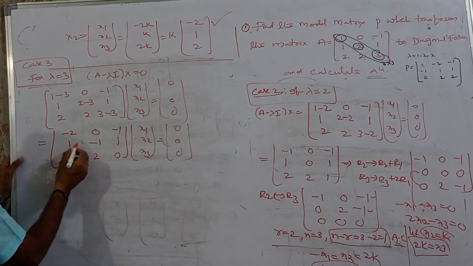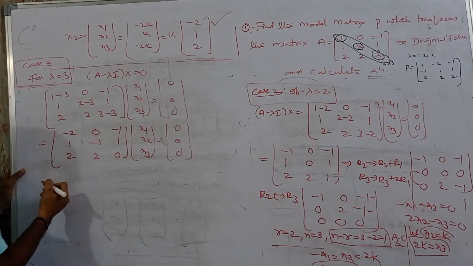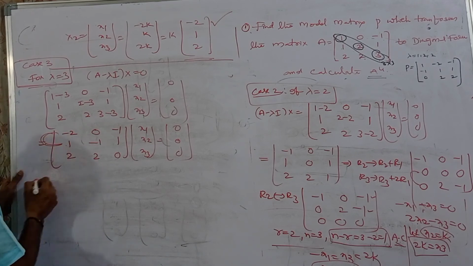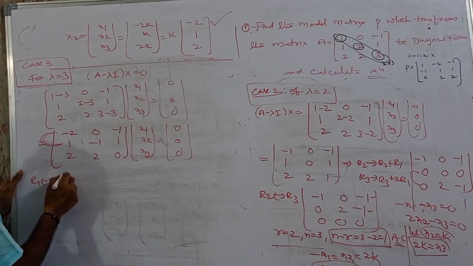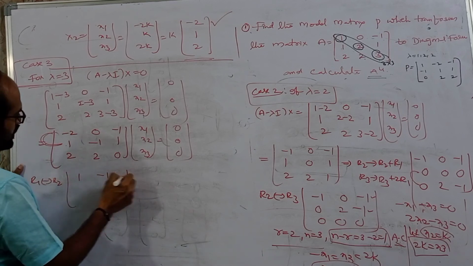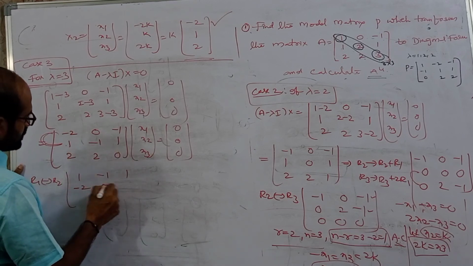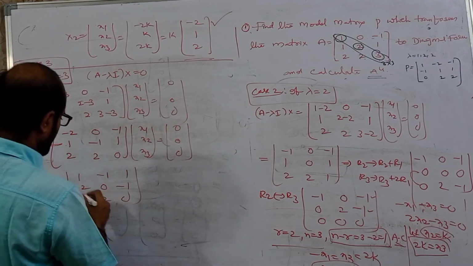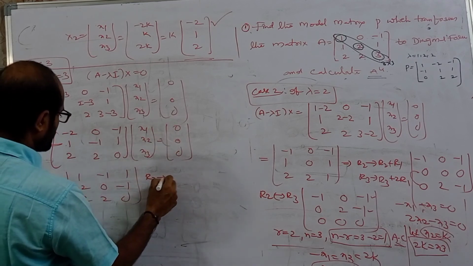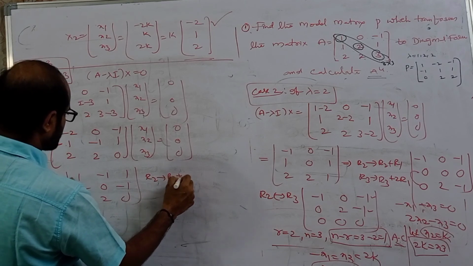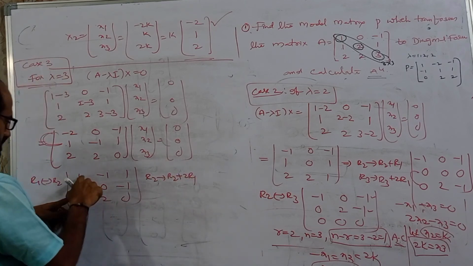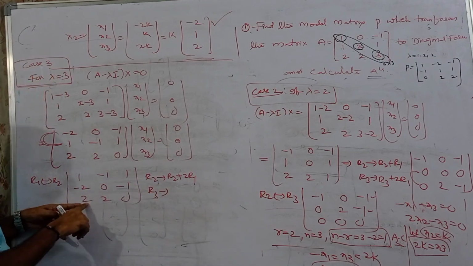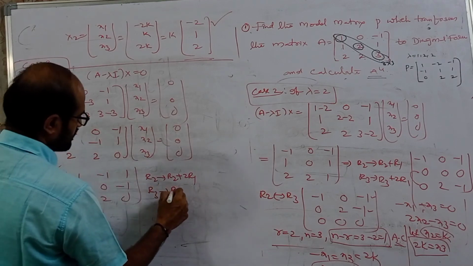Now find out, this is R2, right? And interchange this one again, R1 as R2. What you will get? 1, minus 1, 1, minus 2, 0, minus 1, 2, 2, 0. I want to change R2 to 0, so R2 plus 2R1, it will become 0. If I want to make R3 0, R3 minus 2R1.